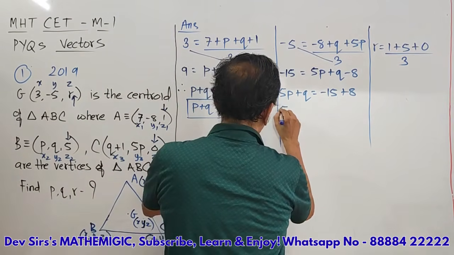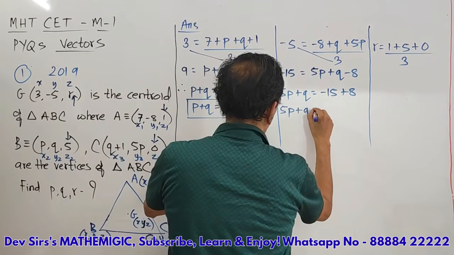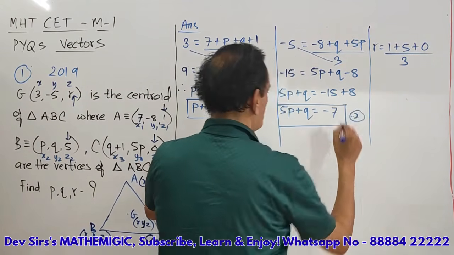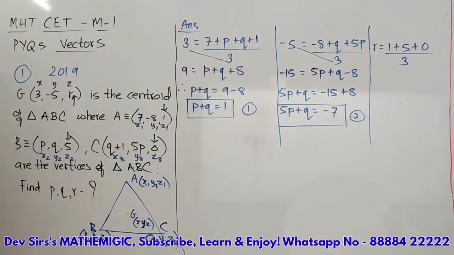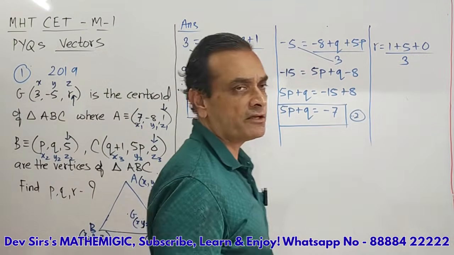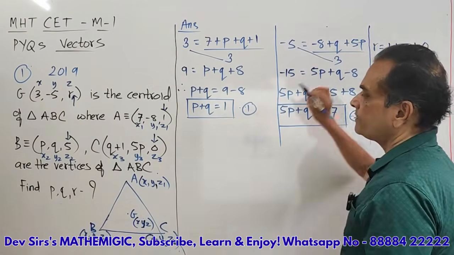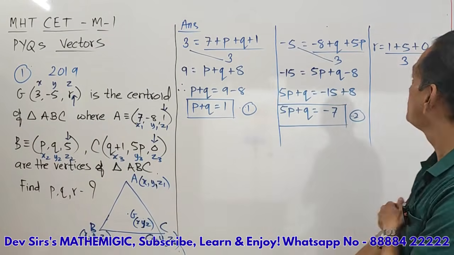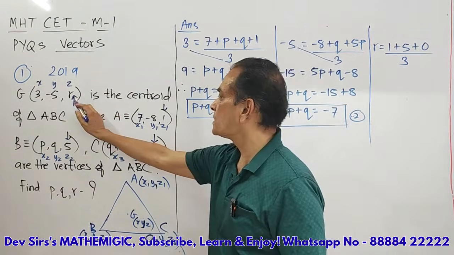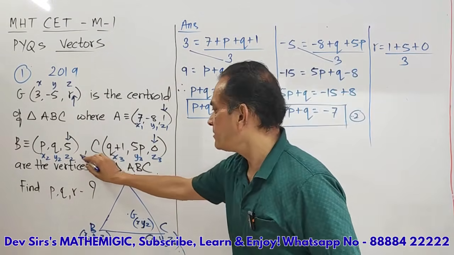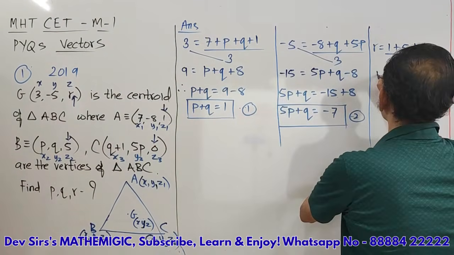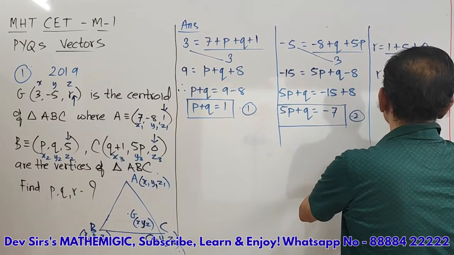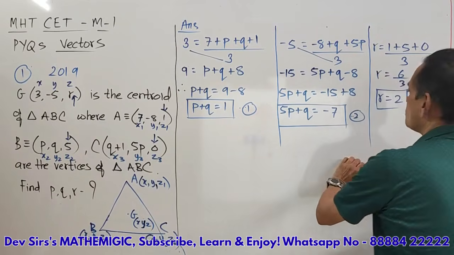So 5P plus Q gives you minus 7. Simple. Third, directly we are getting the value of R. Z is equal to Z1 plus Z2 plus Z3 upon 3. So R is equal to, taking last coordinates, 1 plus 5 plus 0 upon 3. 5 plus 1 is 6 upon 3. So we got one answer, R equal to 2, directly.